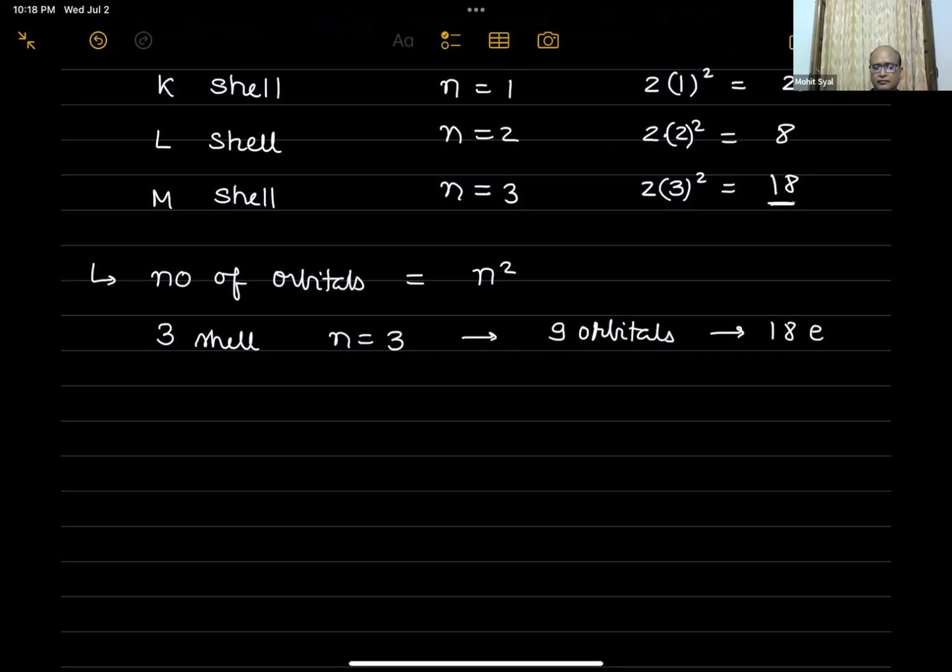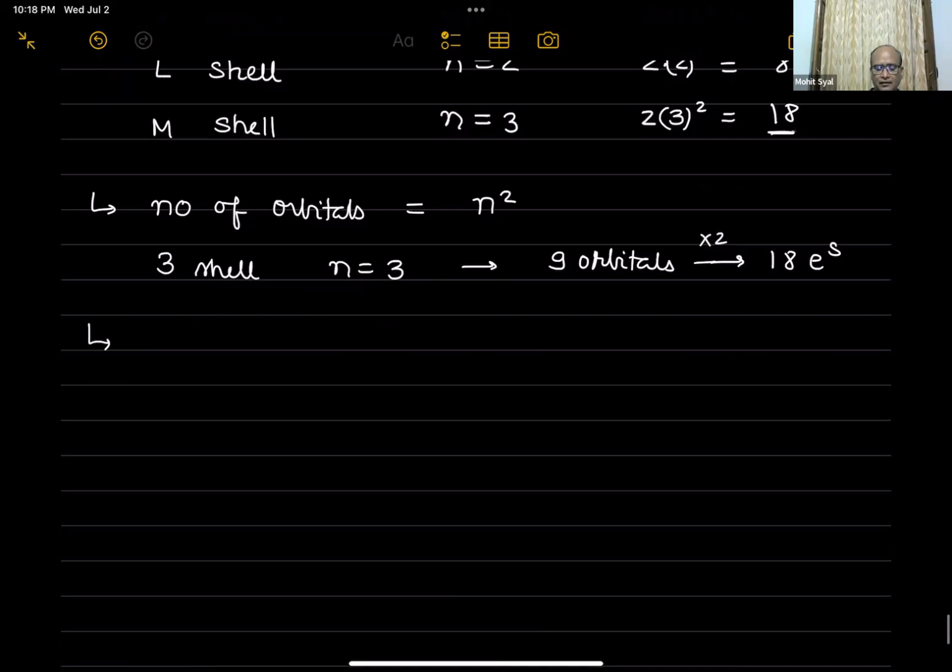Got it? Each orbital can have maximum 2 electrons, so to find the number of electrons, you multiply by 2. This n can also tell us the value of classical angular momentum.